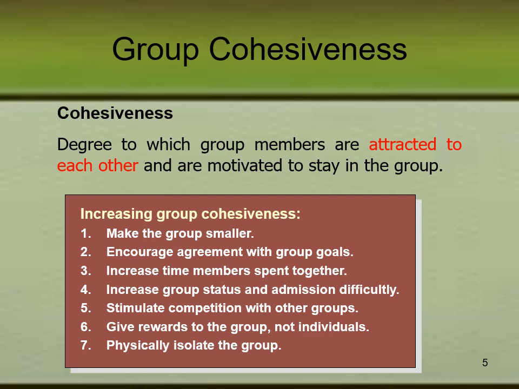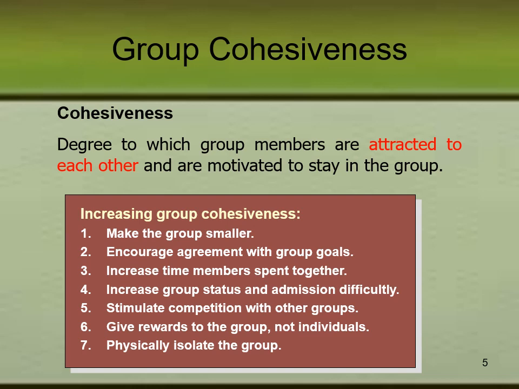So that refers to admission difficulty. So the status of that group is quite high to the public. So when you get to join that group, because it is so hard to enter that group, you will work harder to stay in that group. So you will try to get along with other members. Then in the end, it will increase the cohesiveness.